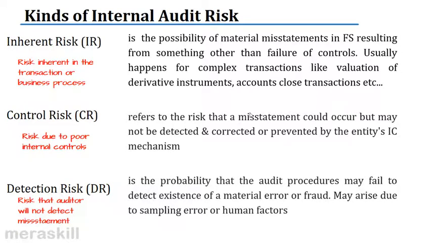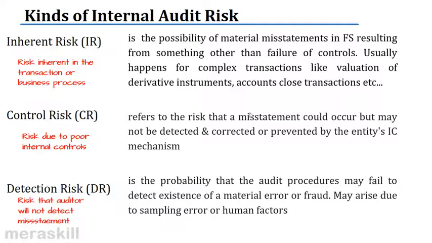We've done the audit, but we were not able to detect this material error or fraud. Maybe we had not taken enough samples. Maybe we did not understand the extent of it. We had read wrongly the strength of the internal controls. Followed? So this detection risk is the problem of the auditor.